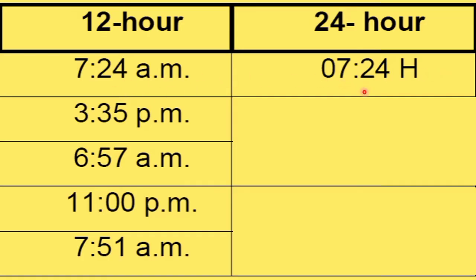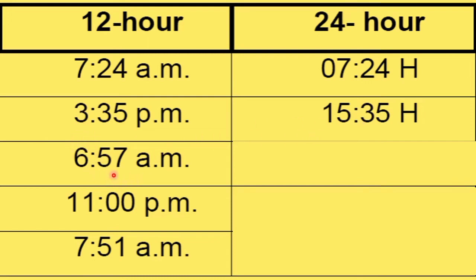Okay, so kinopya lang natin and then nag-add lang tayo ng 0 dun sa unahan. Next, 3:35 p.m. What is its equivalent in 24-hour clock format? Yes, it's 15:35 hours. Kasi dahil nasa PM siya, nag-add tayo ng 12. So, 3 plus 12 is 15.